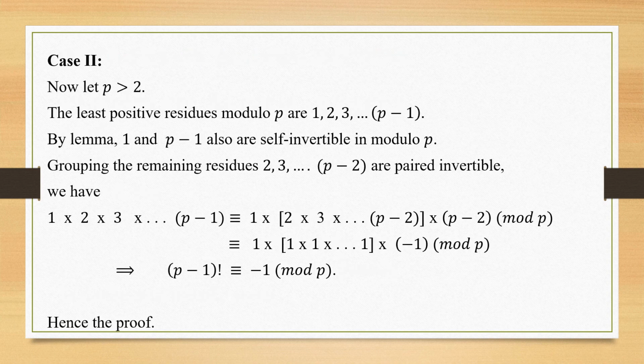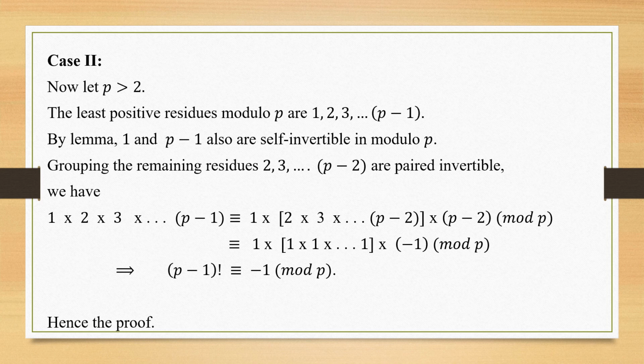Now in case 2, let P be greater than 2. For P greater than 2, the least positive residues modulo P are 1, 2, 3 and so on up to P minus 1.